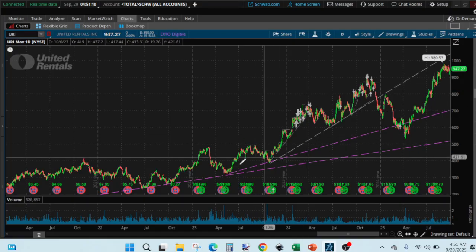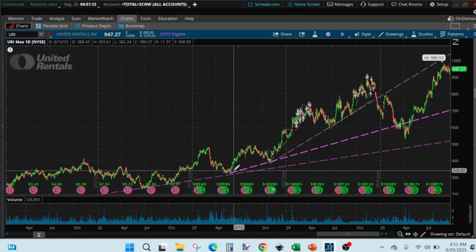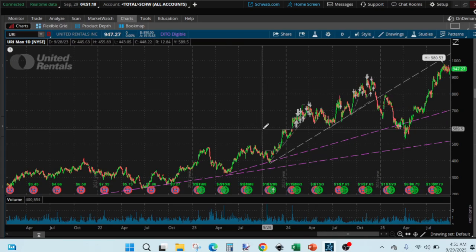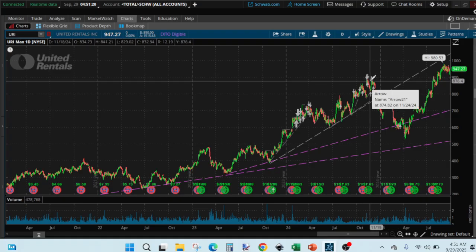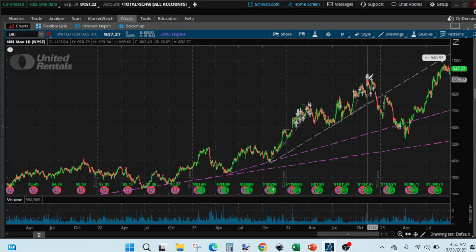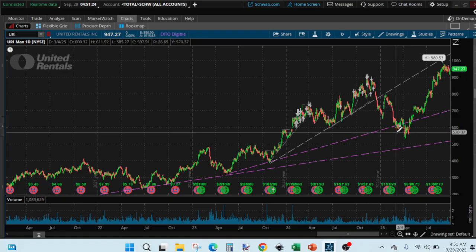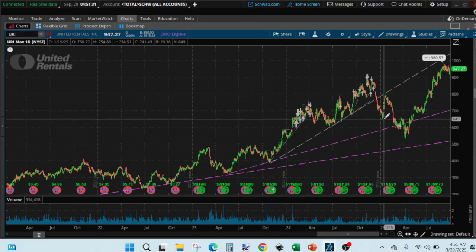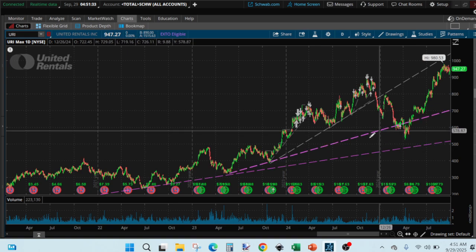The previous peak, when it left here, was somewhere here. It created multiple ones along the way, but the highest one was somewhere here, probably this one here. So when it came back down again to the valley line before starting to go up, you can see that this drop here didn't touch any base of those valley lines.